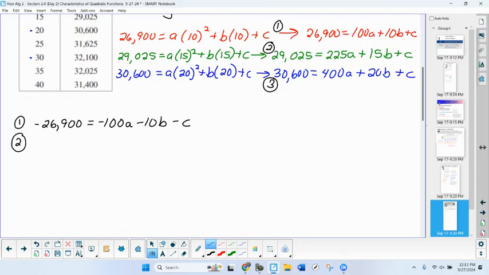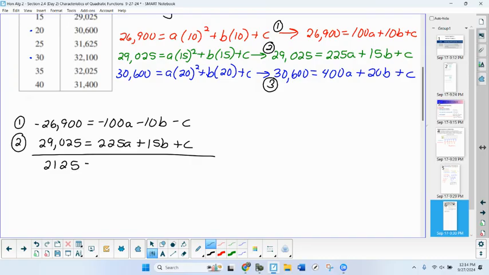Bring down equation 2. 29,025. 225A. 15B and C. Okay, so when I add these together, what do you guys get here? 2,100 and what'd you get here? 125A plus what? 5B. All right, so we did equations 1 and 2.